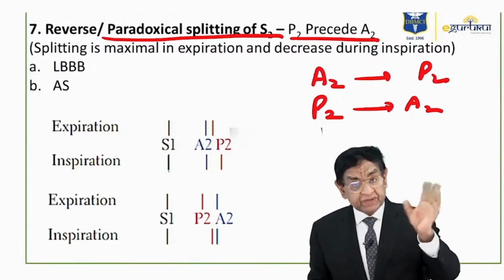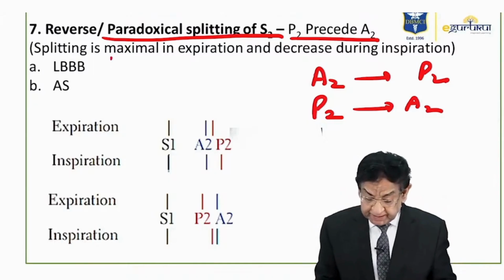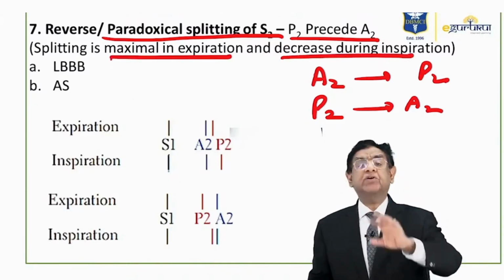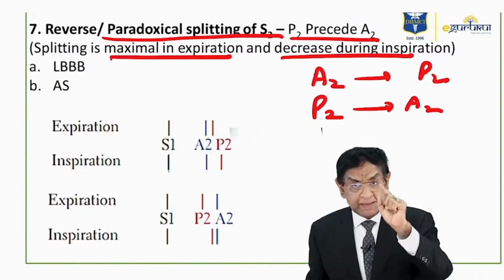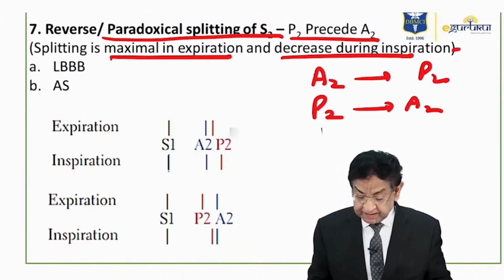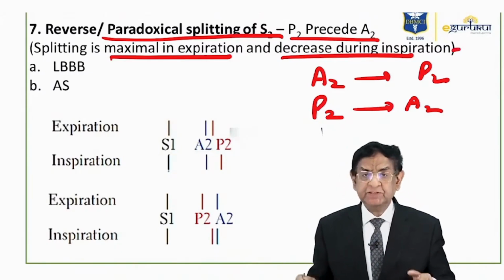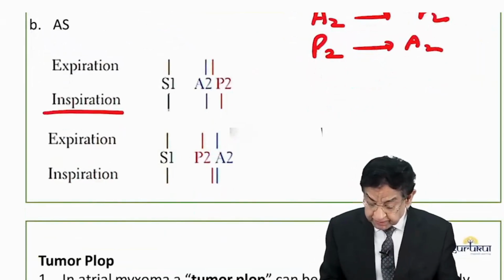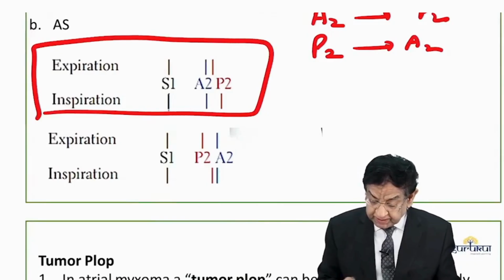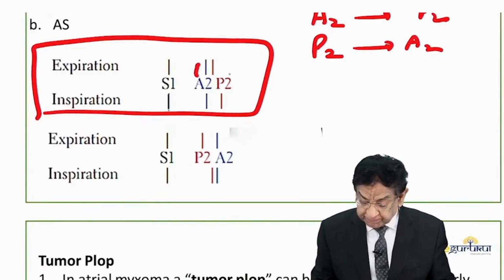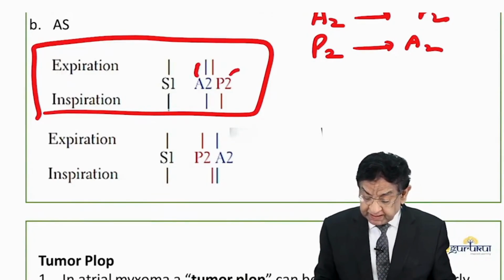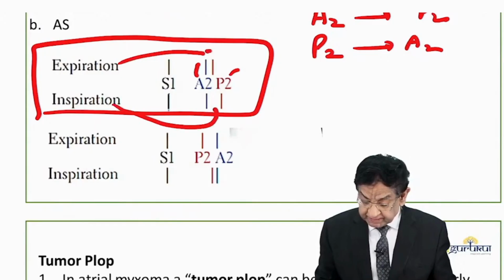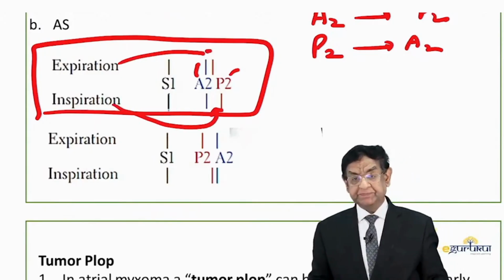And even the splitting is maximum in expiration and decreases during inspiration. This is also reverse. Normally it is maximum in inspiration and minimum in expiration, so this is totally reverse. Now look into this. This is normal: A2 coming first, P2 coming later on, and splitting is minimum in expiration, maximum in inspiration.